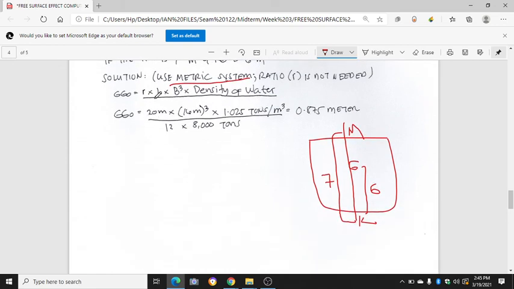The formula, again the ratio is not needed, is 20 meters length times cubic breadth, times density of water, divided by 12 times 8,000 tons displacement. The answer is 0.875 meters. So that is your GG0.